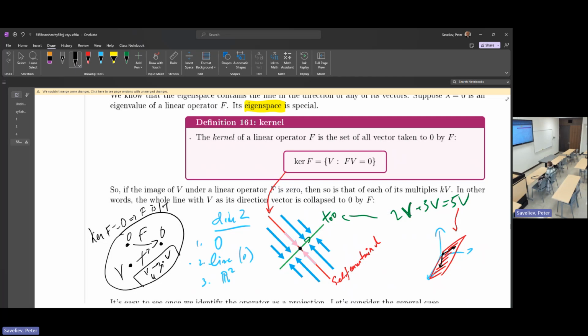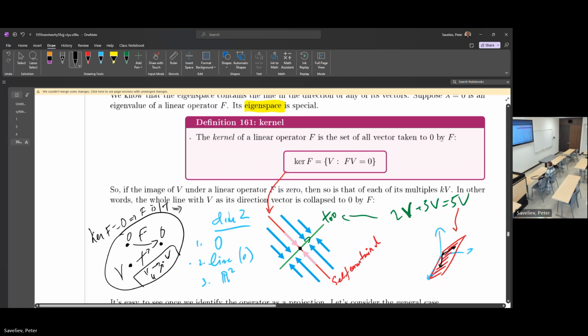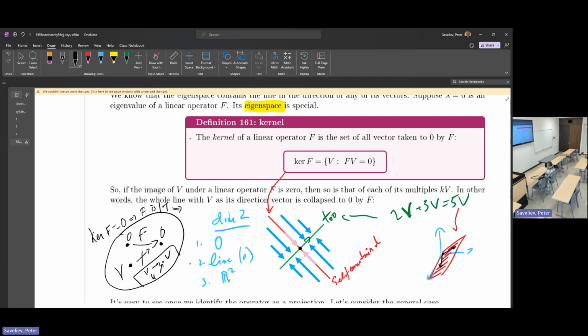And then, remember the condition? We know that our linear operator is one-to-one. There's a number that tells us that story.